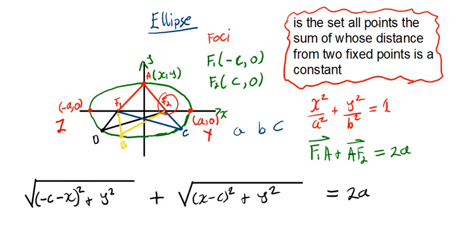To simplify, don't square both sides just now. What you do is you can get one and take it on the other side.